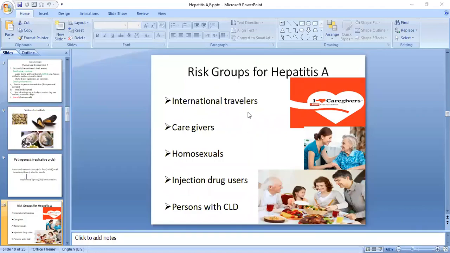The caregivers are at increased risk. Homosexuals, injection drug users, and persons with chronic liver disease are at higher risk to get the hepatitis A virus infection.